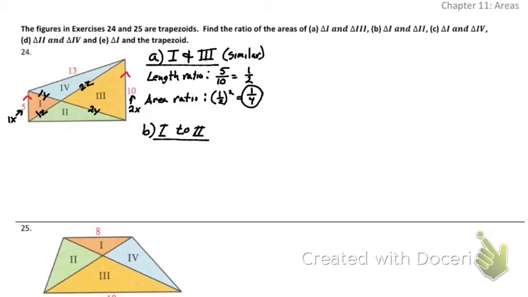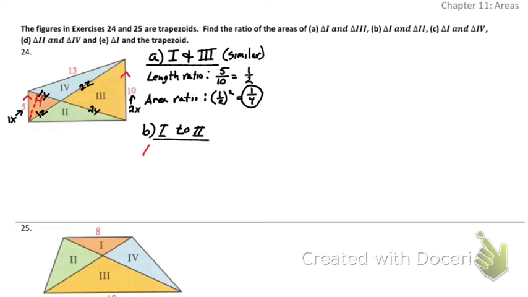So if I drew a line for a height of 1, let's do a dashed line. That height meets up with this base. This height also meets up with this base. So these triangles have the same height, but they have different bases. So same height, different bases.